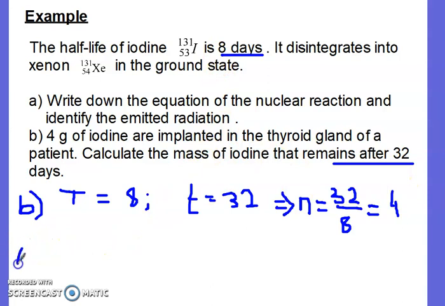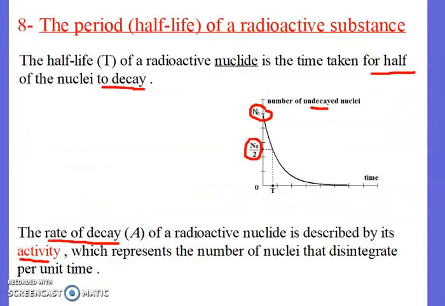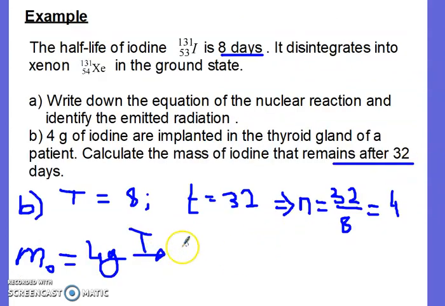So initially the mass, right now, is 4 grams. After 1 period or half-life, how much remains? According to the definition, half of it remains, right? So 2 grams remain.